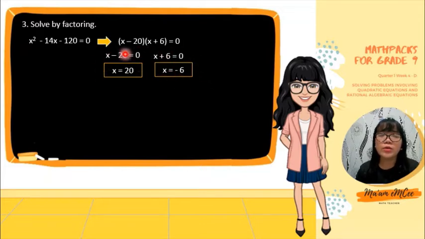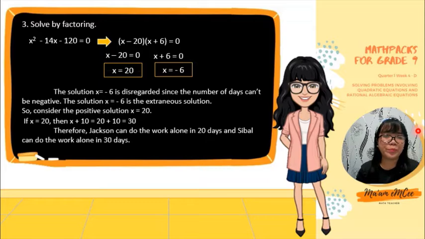Again, these are solutions of our quadratic equation, but there is no assurance that they will be solutions to our problem, because again we have what we call the extraneous root. So the solution x is equal to -6 is disregarded since the number of days can't be negative.